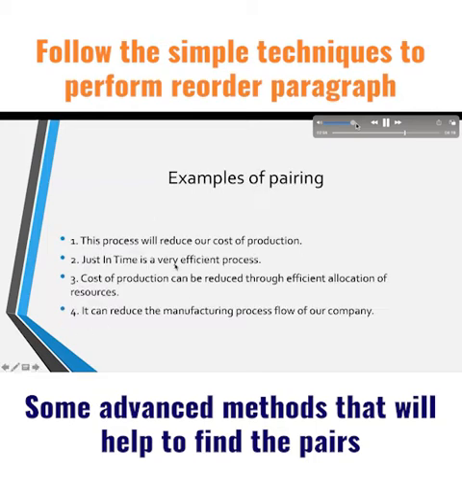So if you have a look, process and process. Now from these two sentences, the subject is just in time. As a result, the subject should come first. The object is the cost of production, so cost of production should come second. So 2, 1 is right there, which we already established.